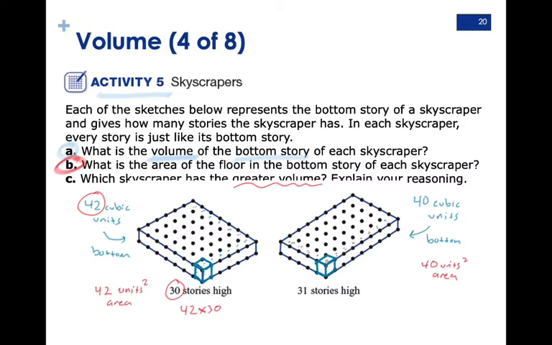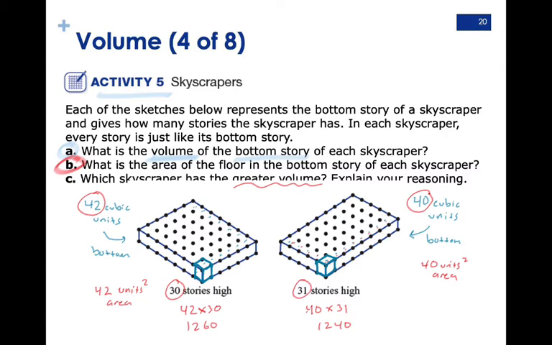And we could do the same thing similarly for the second building here as well. And if we just multiply those, we could see which one would end up being larger and do a direct comparison here. There we go. And so we'll be able to see that the first building has more volume.